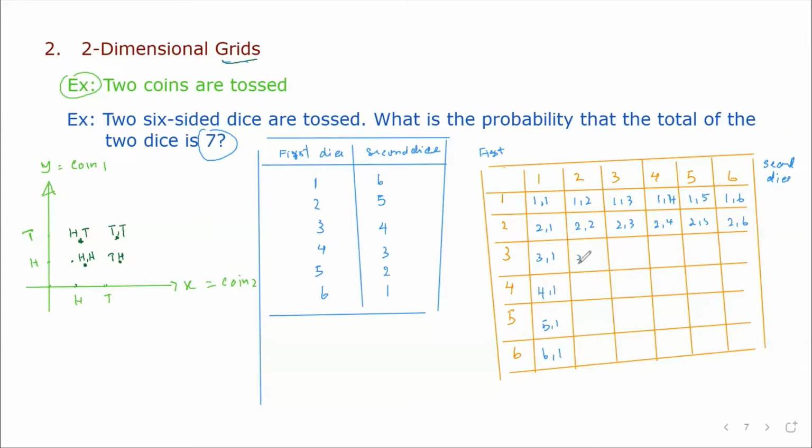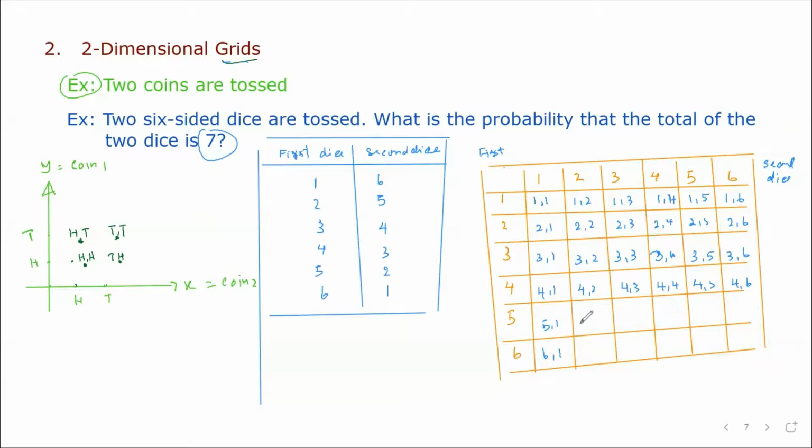And this one is going to be 3 2, 3 3, 3 4, and 3 5, 3 6. And then this one is going to be 4 2, 4 3, and go on. Okay, keep writing. And then 4 4, 4 5, 4 6.